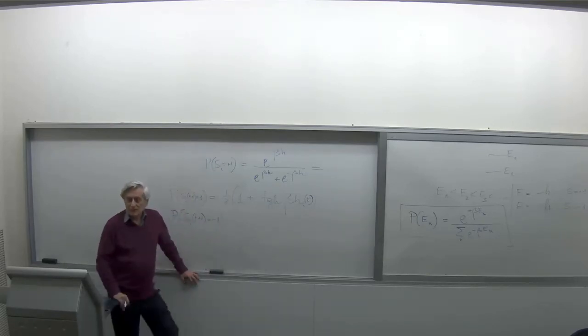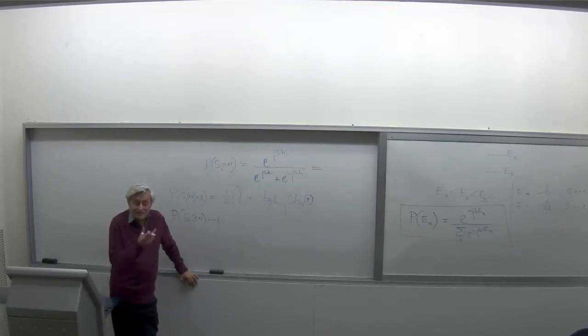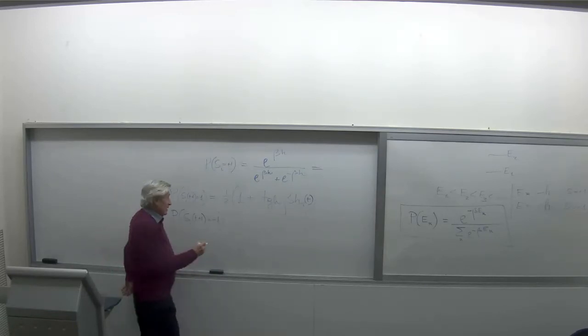What is that probability? There are only two possibilities. You don't have to do any calculation. There are only two possibilities, and the sum has to be 1.